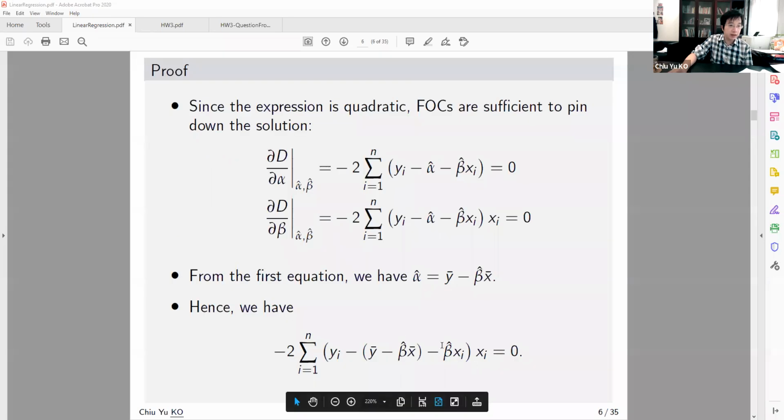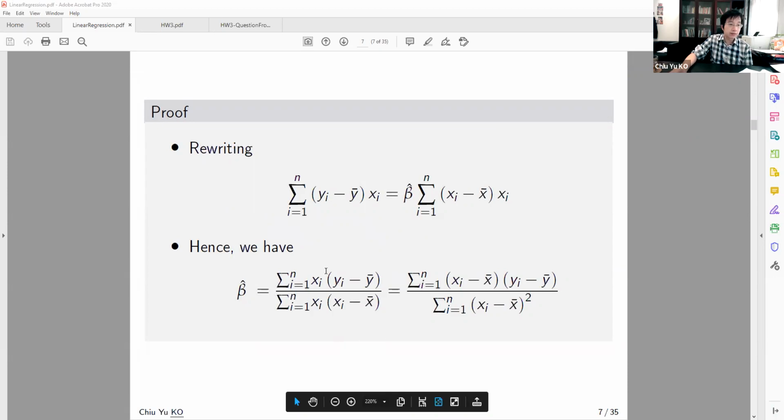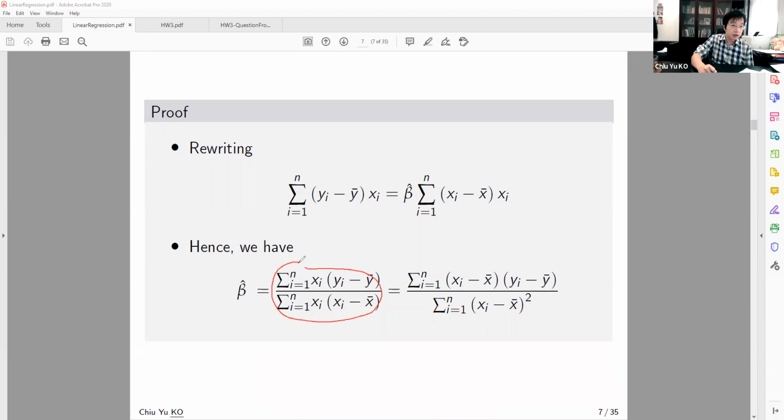So your beta hat here, get the beta hat out, and then you can see here. This form doesn't look very nice. This is easy to calculate, maybe, but this is easier to think of as a covariance over variance.